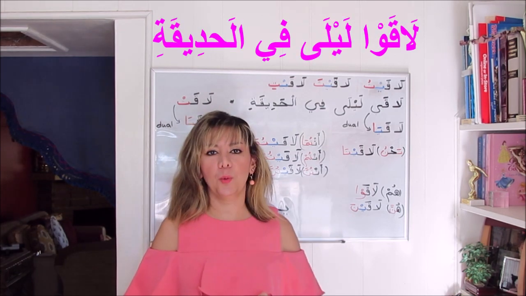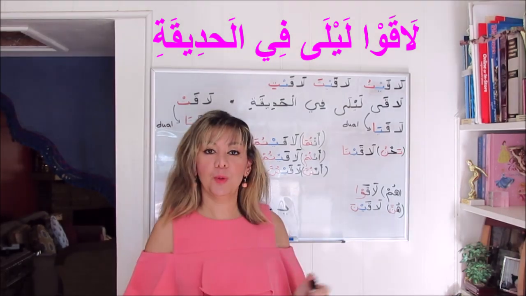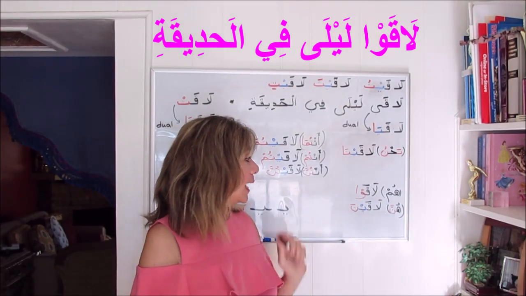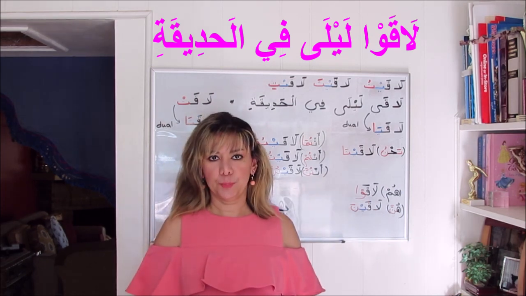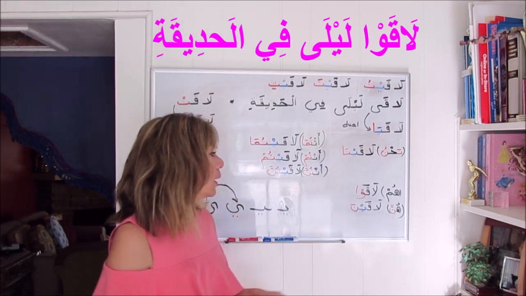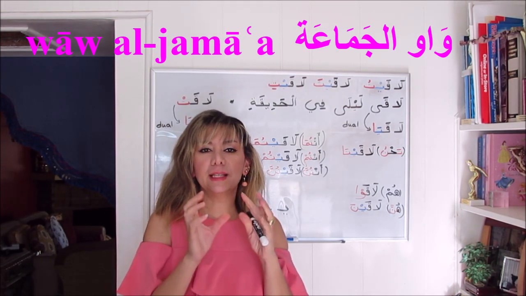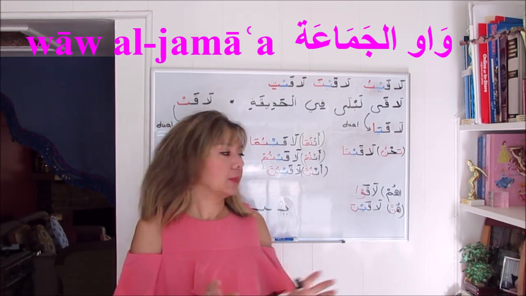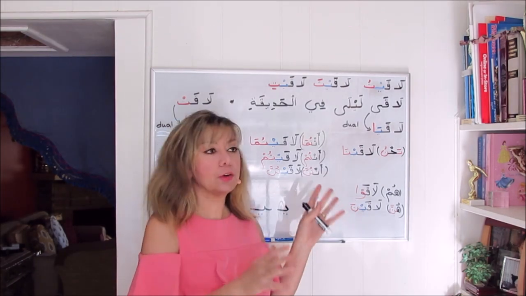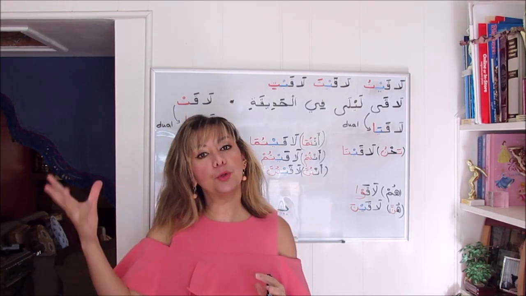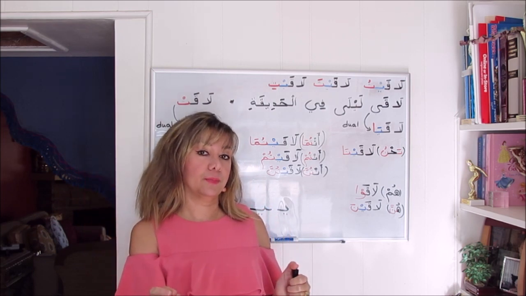Hum laqaw. So this waw with sukun followed by this alif, this waw needs some attention. Why? This waw is called the collective waw, a suffix together with this alif referring to the third person plural masculine.